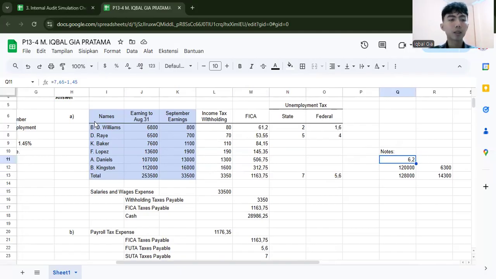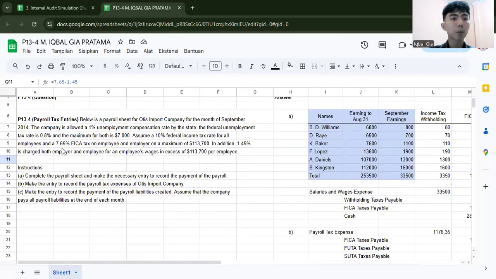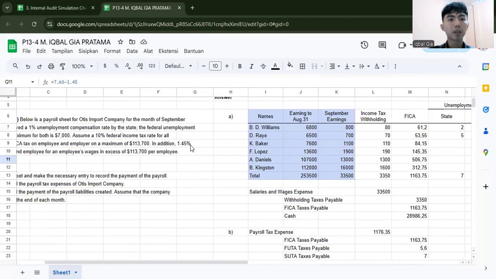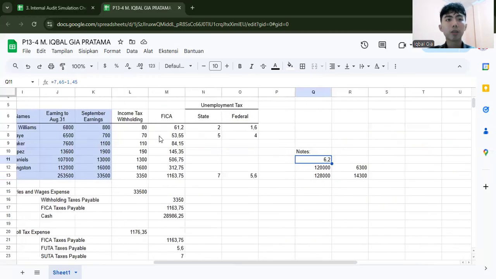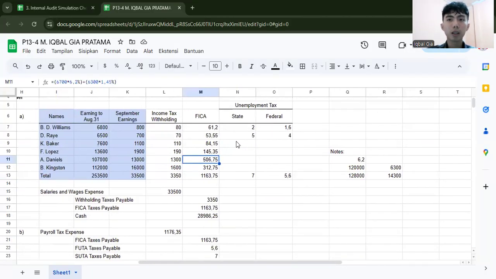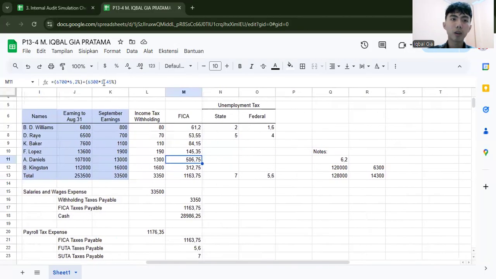After that, we got 6.2 because the data is a 7.65% FICA tax on employee, and because the addition is 1.45, we will just subtract it and we get 6.2. After that, we get the number for how much we will calculate for the 1.45% and 6.2.